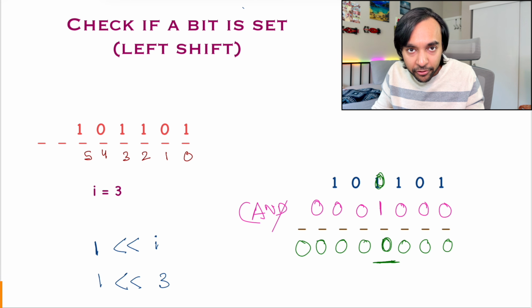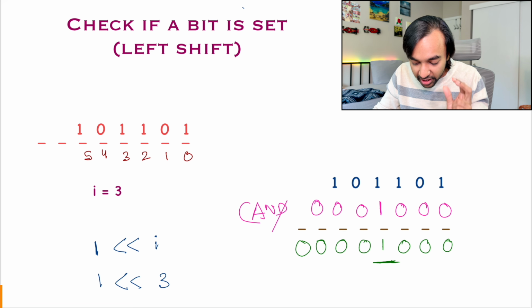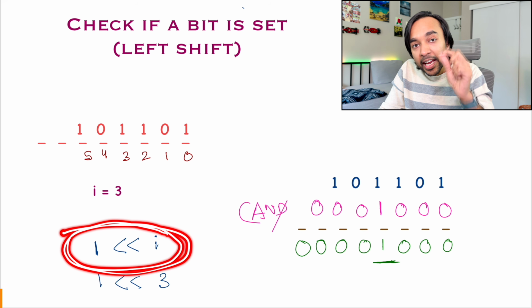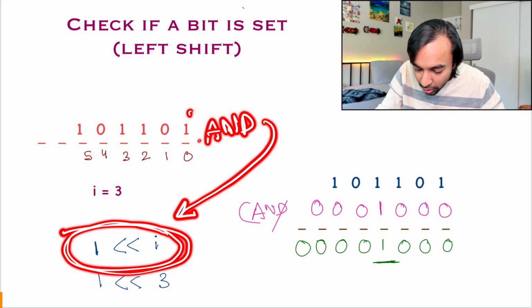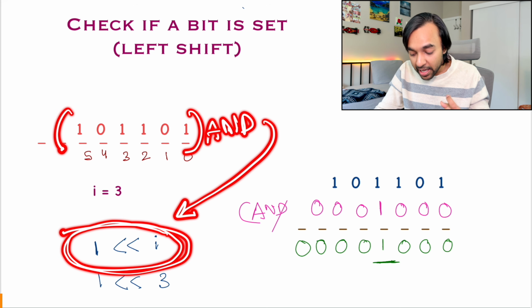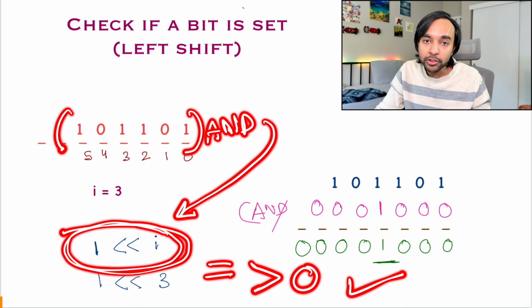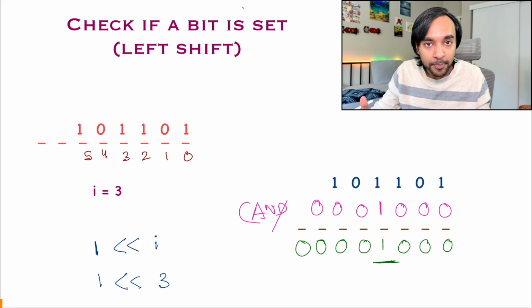So, is it safe to say that if I perform two operations, the first operation is 1 with a left shift of I, and then I AND it with this particular thing, then if the result is greater than 0, my bit was set. If the result is 0, then the bit was not set.